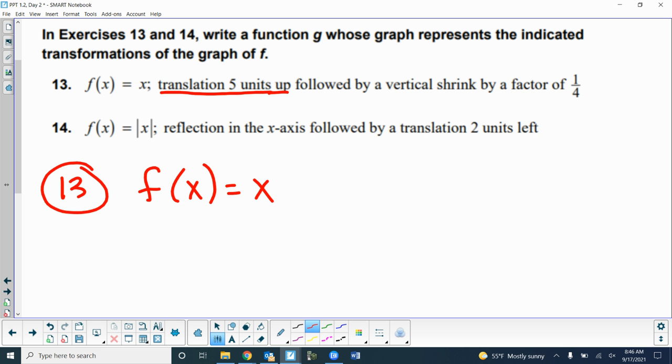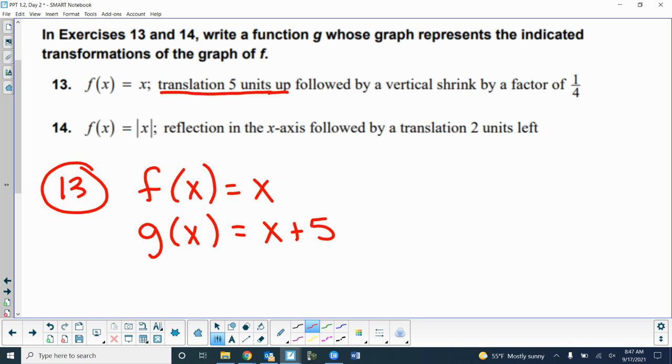So our g function is going to be just x plus 5. Can I simplify that anymore? No, so you're done. But anytime you're doing multiple transformations, do one at a time and simplify it first before you go on to the next one. But this we can't make any simpler.